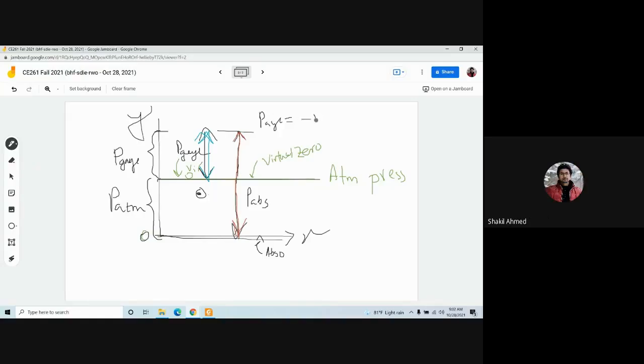Negative, sir. So if you are below this line, this is negative pressure. We call it vacuum. So gauge pressure can be negative, but absolute pressure can never be negative. Okay, clear? Yes, sir.